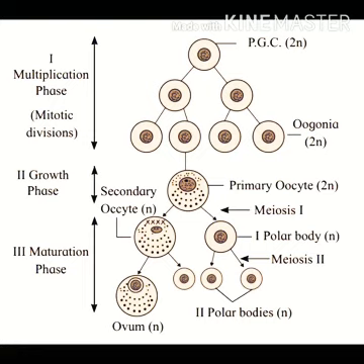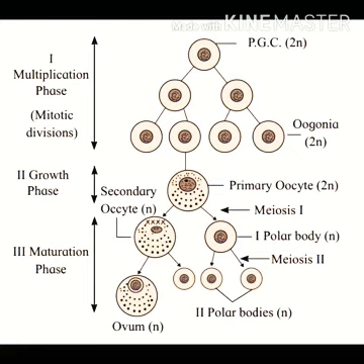As you know, meiotic division has two phases, meiosis I and meiosis II. The diploid primary oocyte undergoes meiosis I, that is reduction division, to form two haploid daughter cells. As you can see in the diagram, the maturation phase has the two haploid cells.